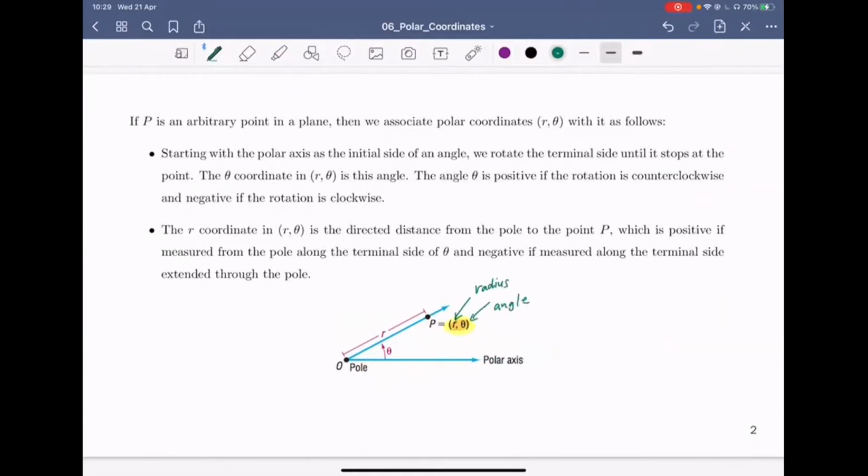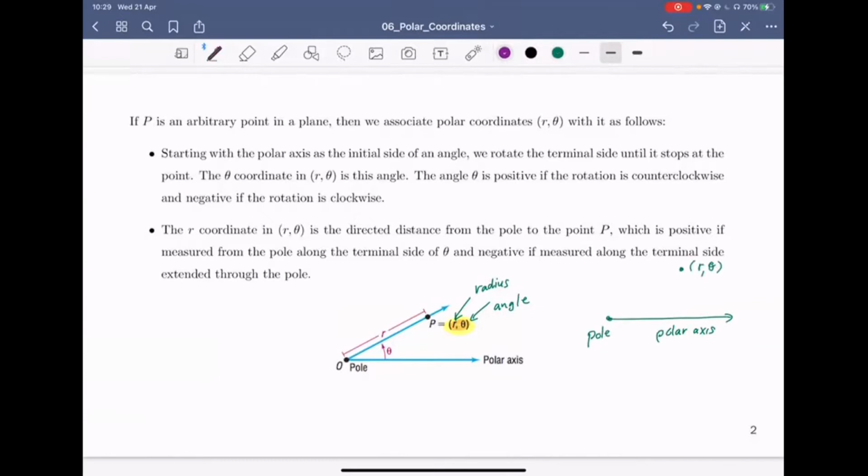So we specify the point using the radius and the angle. If you have the pole here and the polar axis here, suppose I have the point r theta here.